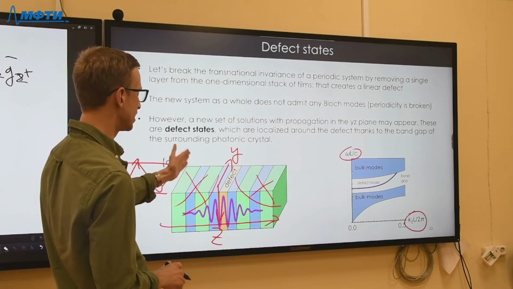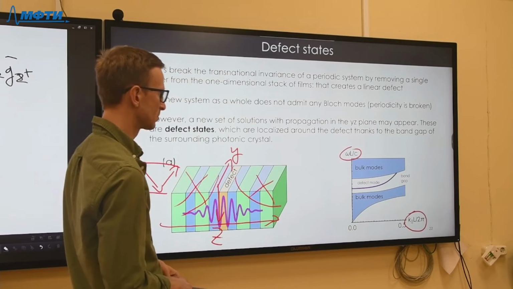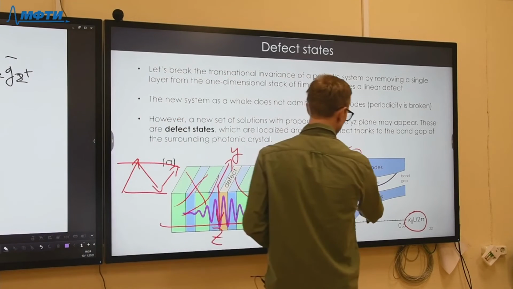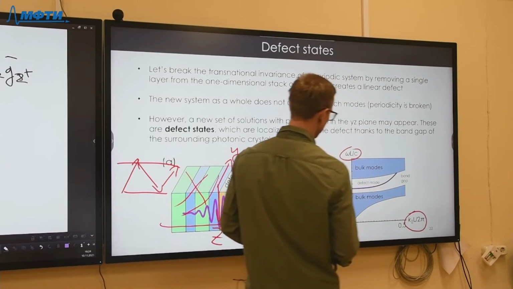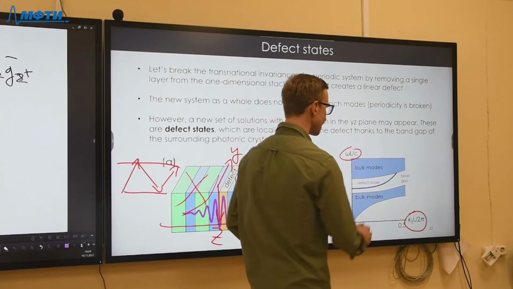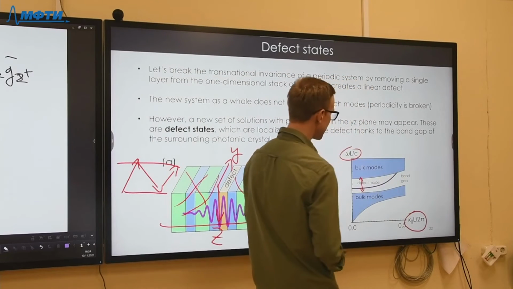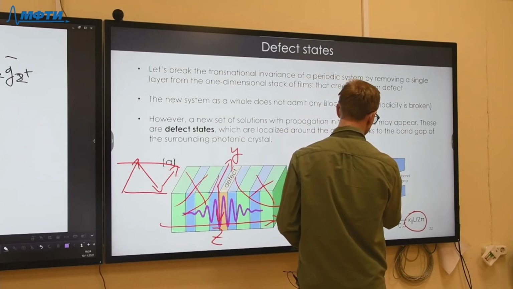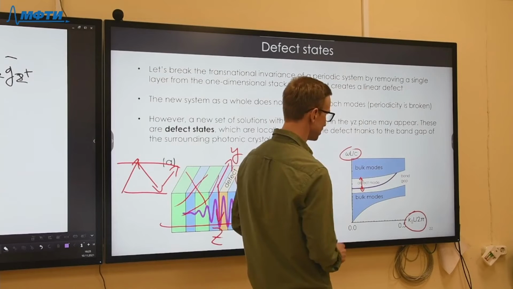We did not break that invariance in Y and Z. And so these are the bulk modes, extended modes of the photonic crystal that propagate from right to left with different wave vector. And within the band gap, inside here, if you're lucky, we may sometimes find a defect mode which will be localized at the defect.